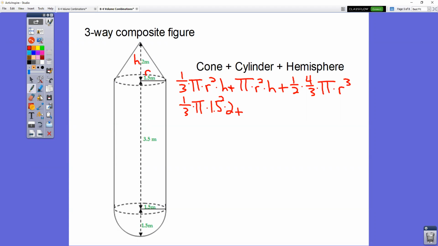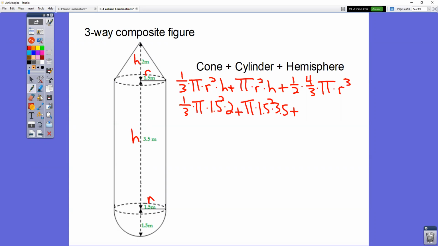For our cylinder in the middle, the radius is the same thing as it is for the cone, because that's a shared part. So our radius is 1.5. We can also find our radius there at the bottom of 1.5. The height is 3.5. So times pi times 1.5 squared times 3.5.